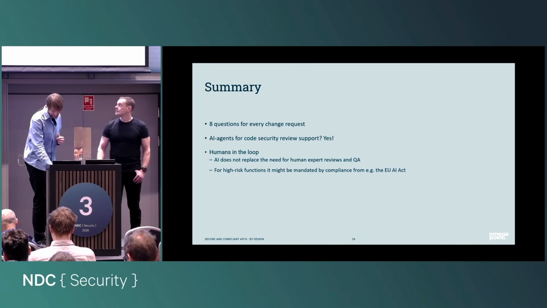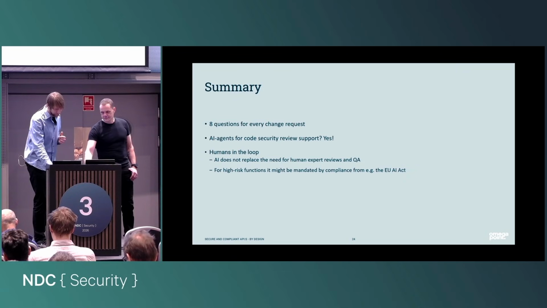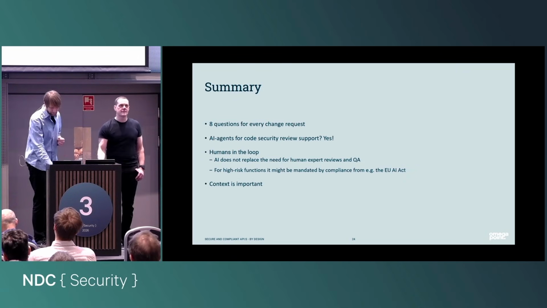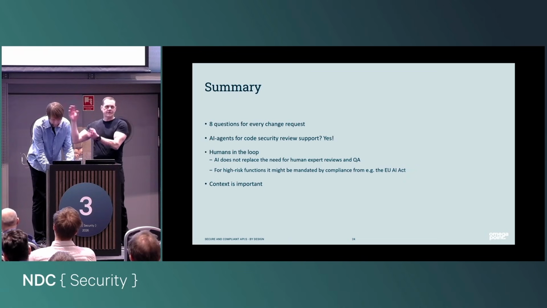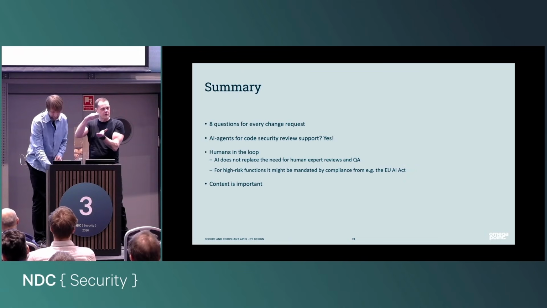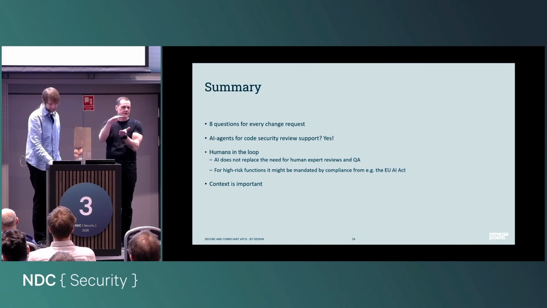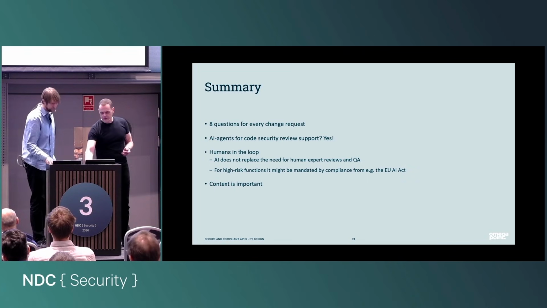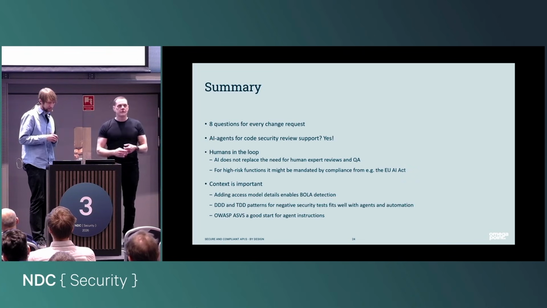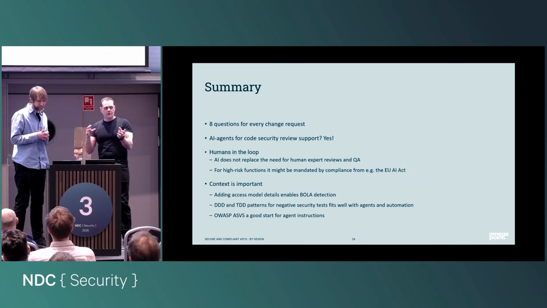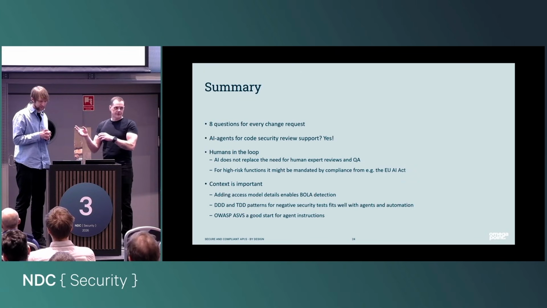So that's important to understand. And so then we have the fourth key takeaway. Yeah, so context is important. Like you saw, we had split the indexes just to get the context window a bit smaller so the AI doesn't get confused. And also, just by adding a simple access model, we could spot the Ebola detection, like you have seen 10 times by now, so I think.